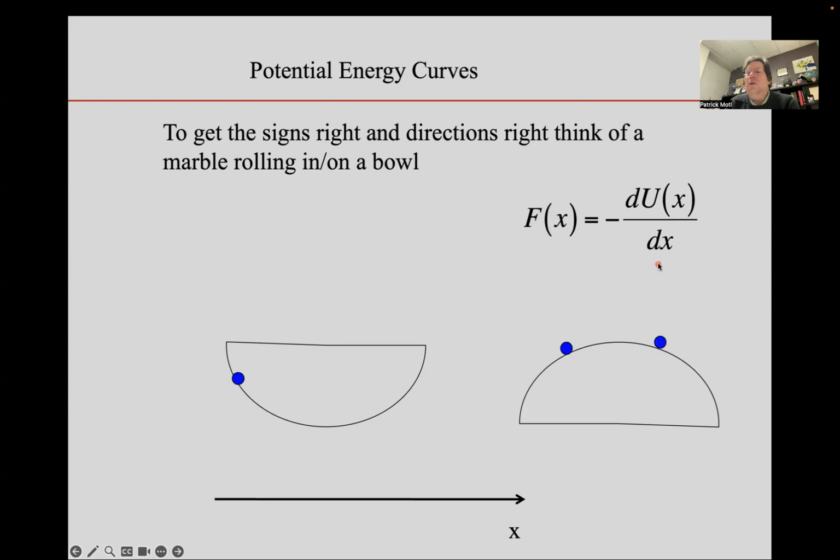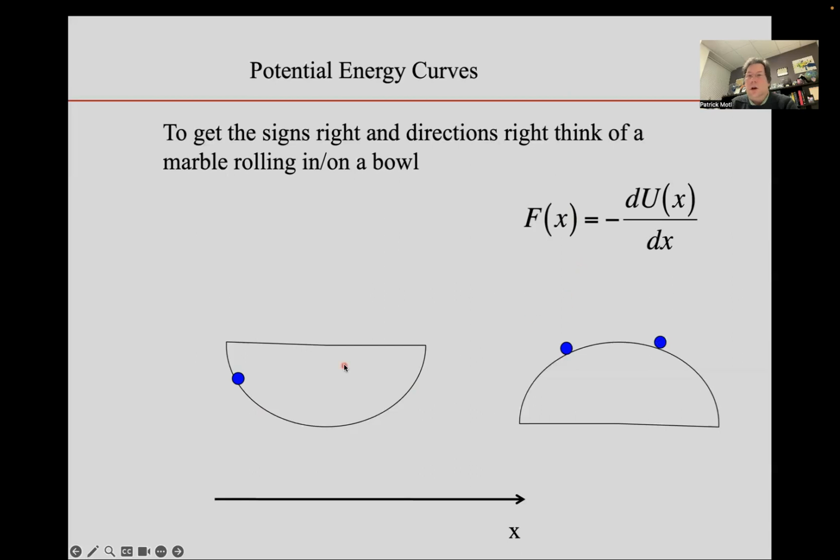Those are special points that we're going to talk about in a little bit. Those are points of potential equilibrium for a given potential curve. So we've got the slope of the potential telling us the directionality of the force.